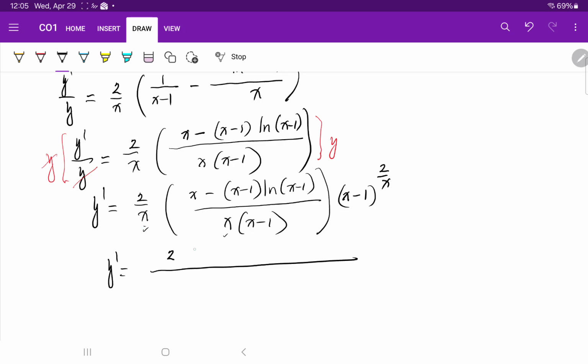So we have 2 times x minus 1 ln of x minus 1, then times x minus 1 raised to the 2 over x is squared times x minus 1.